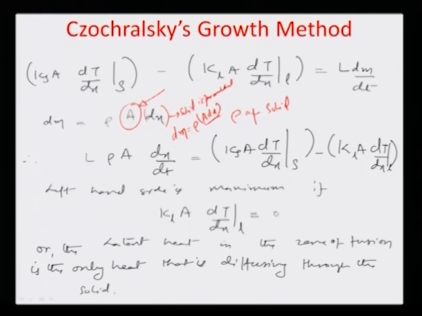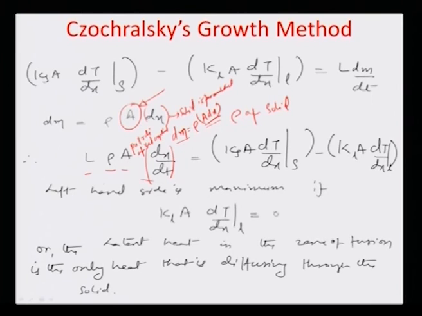If we substitute this new term for dm into the earlier equation, we have L times rho times A times dx/dt, which is nothing but the pull rate of the seed crystal, in terms of the rate of displacement of the seed with respect to the crucible.